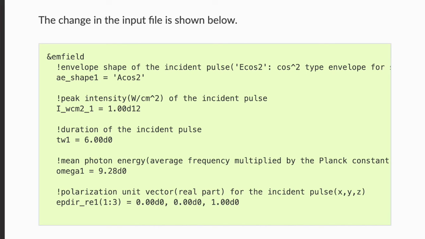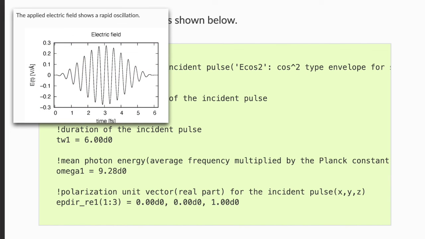Then the frequency is altered from 3.1 eV to 9.28 eV. This frequency is the energy of the state in which the acetylene molecule strongly absorbs light in the linear response calculation performed for exercise 2.